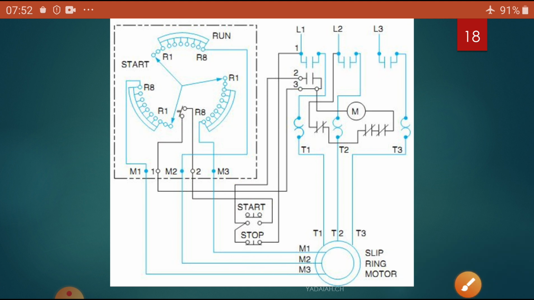Dear students, you can easily understand this circuit diagram, but it is not in our syllabus. If you want to see how this arrangement looks physically, you can. Different companies, like Crompton Greaves, may have different configurations. You can see that figure also.